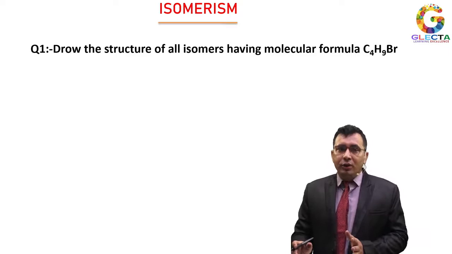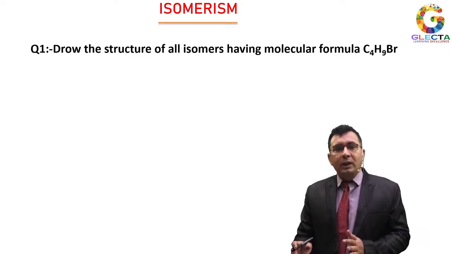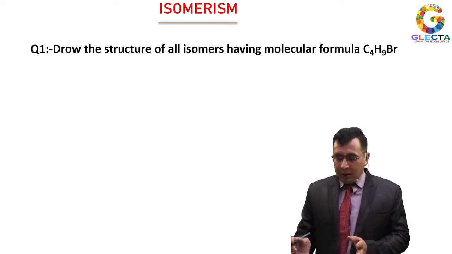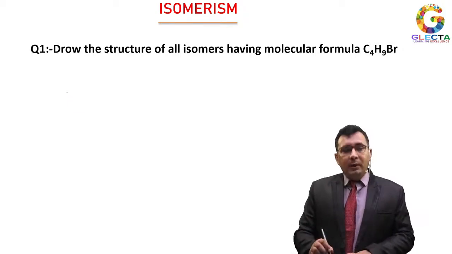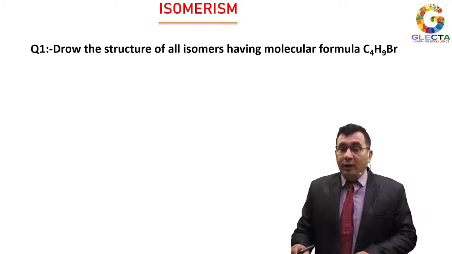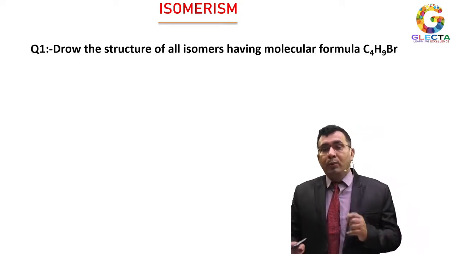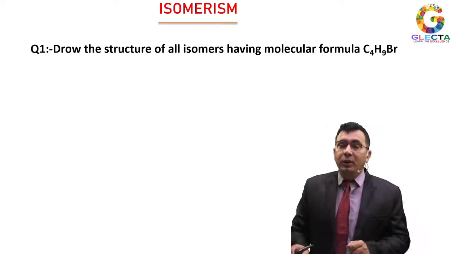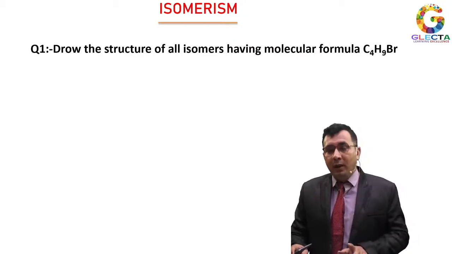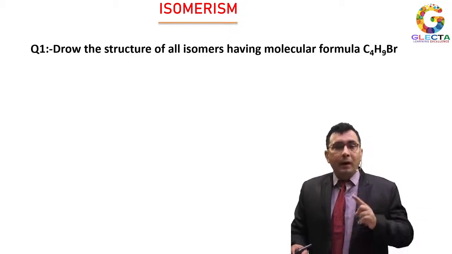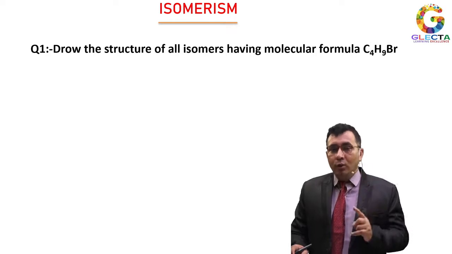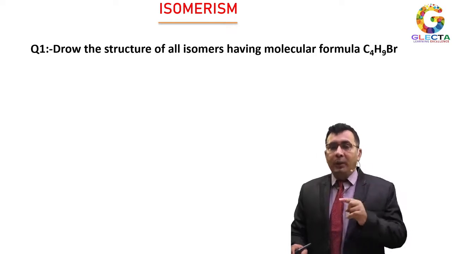Draw the structure of all isomers having the formula C4H9Br. It is your homework. I'm helping you. C4H9Br: the first compound will be 1-bromobutane, the second will be 2-bromobutane, the third will be 2-bromo-2-methylpropane, and the fourth one will be 1-bromo-2-methylpropane.